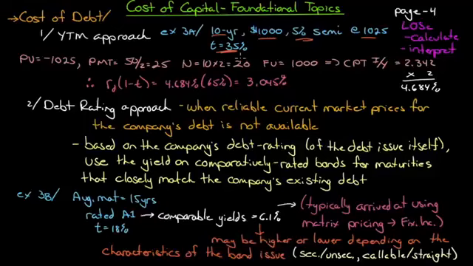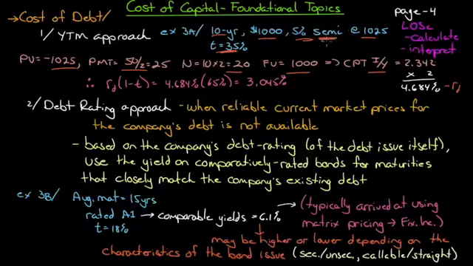So let's arrive there. To get the pre-tax cost of debt, this is R sub D. Our present value is negative 1,025. Our payment is 25 because it's semi-annual, right? Our N is 20, 10 times 2. Future value of 1,000, compute the yield: 2.342.